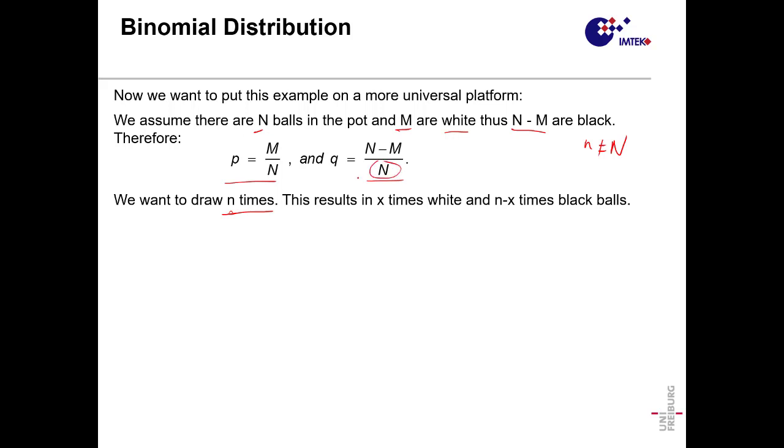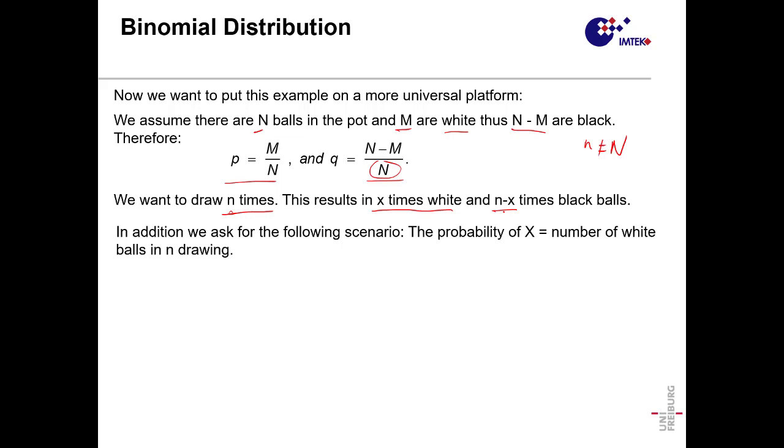It's a different story. So from these n times that you have picked the ball, x times you get white, and then n minus x you get black. Simple as that.